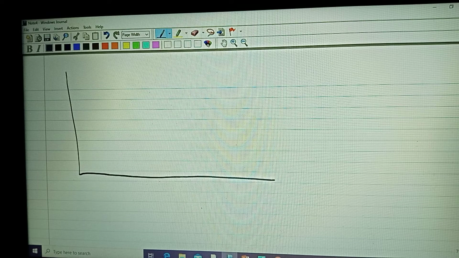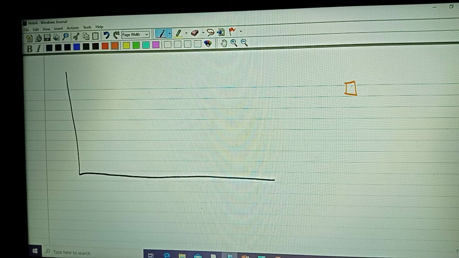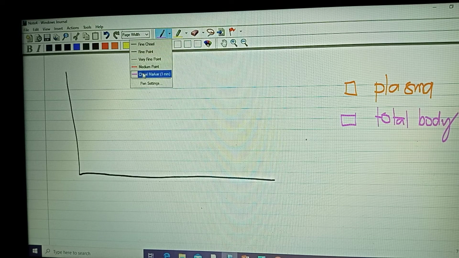So we have here a figure. Pag nakita nyo kulay violet yan, that could be the plasma component. Ay, wait lang. Okay, gamitin natin yung kulay na to for plasma. So, ito yung legend natin. This is for the plasma component. And ito naman, yung lavender, ito naman yung para sa total body, or the rest of the body.